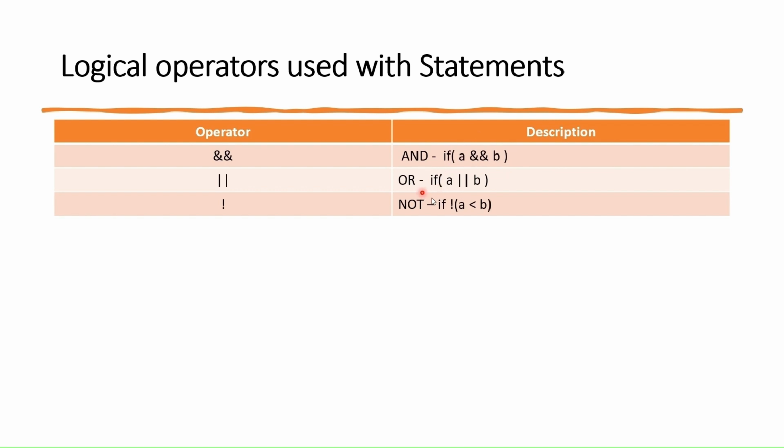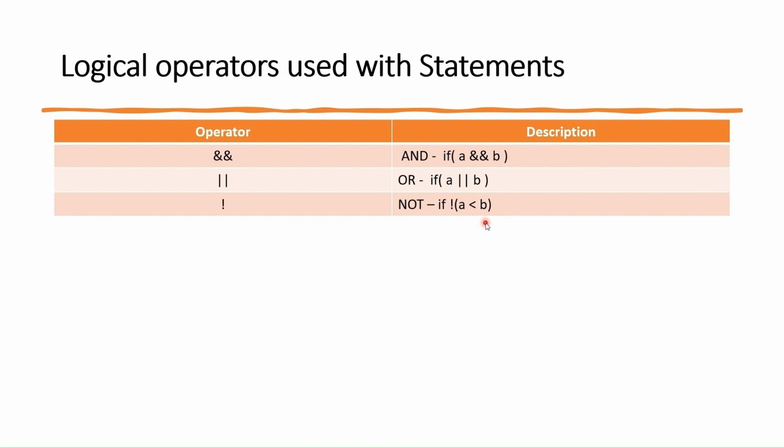Whereas in or, we have expression 1 or expression 2, so one of them must be true to evaluate to true. If the first expression is true, then Java will not even look at expression 2 because it will evaluate to true anyway.